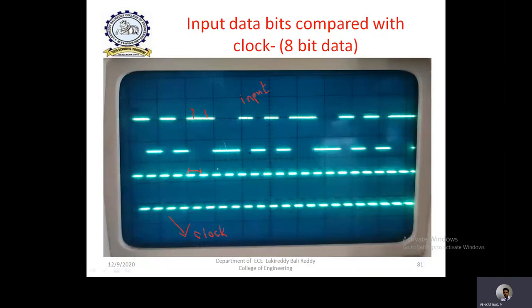Now during the next clock time period, a low pulse is coming, so you can consider that as 0. Again a low pulse, 0. A high pulse during only one clock time period, so only 1. So 0, 1, 0, 1, 1, 0, 0, and so on like this.